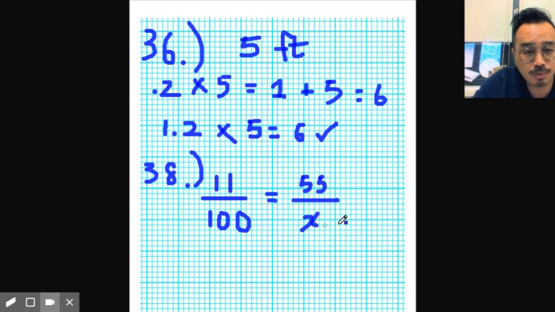What's the original? Think of it like that. So the profit is 11%, which is $55, 100%. What would that be? So this is a type C question.